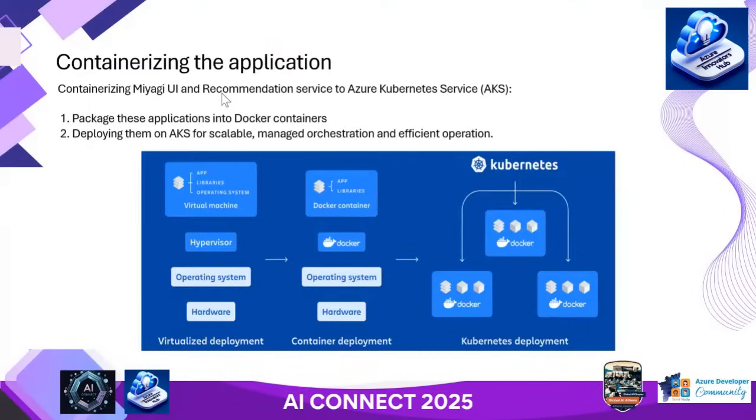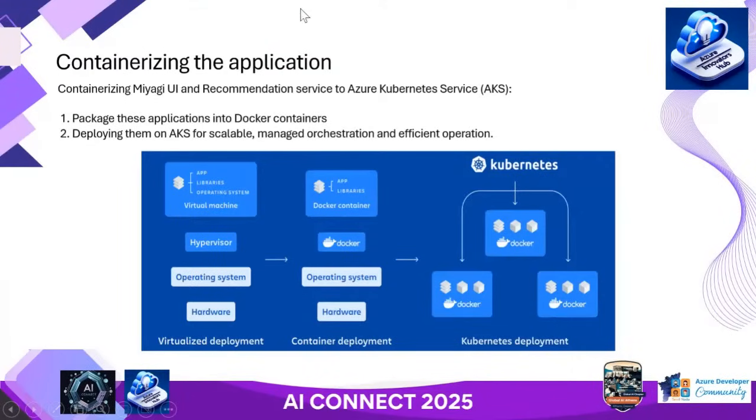And then once you have the application running in containers, then you can push them to an Azure Container Registry, right? So once you package your application, in this case, the Miyagi UI and the recommendation service, you can push it or publish it into an Azure Container Registry, which is kind of your private repo for your container images. And then we integrate those container images into the Azure Kubernetes service. All right.